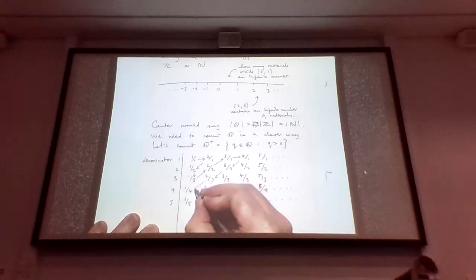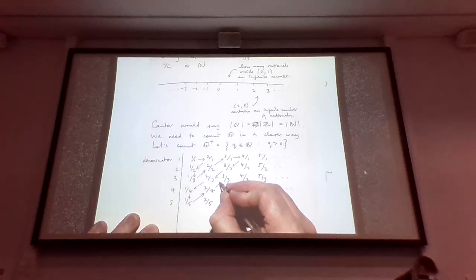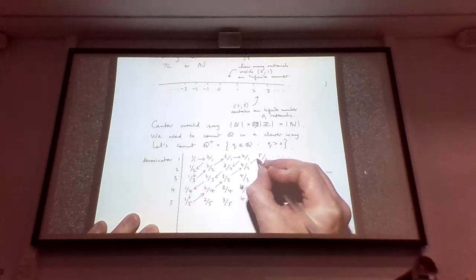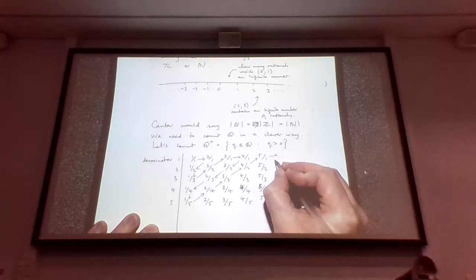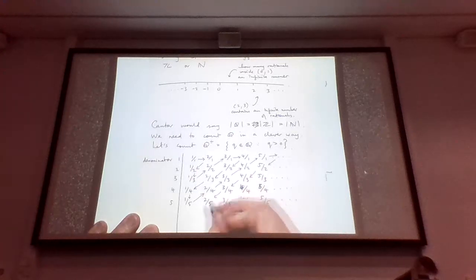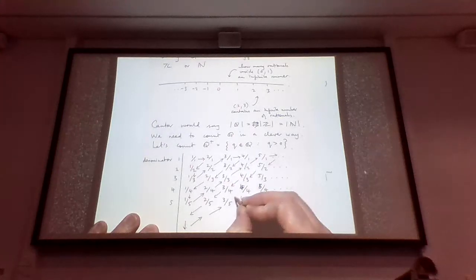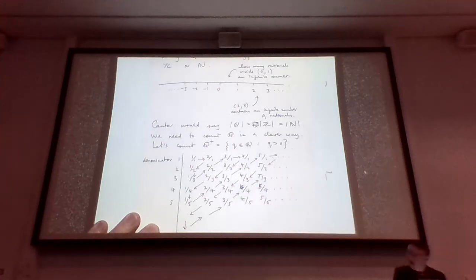So what I'm doing here is I'm just drawing a path through the positive rationals. And we just think about the properties of this path. Okay, you're just scanning it diagonally.